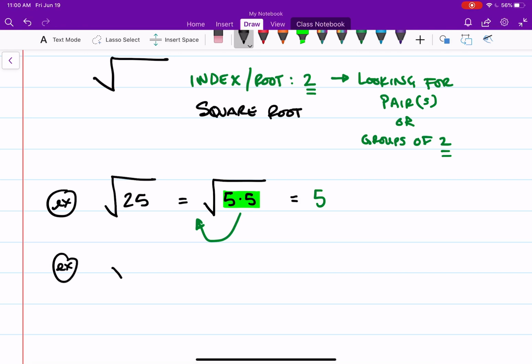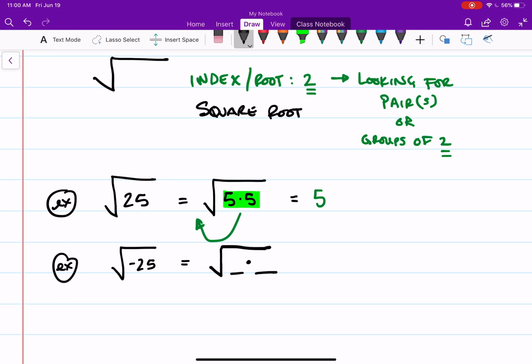Let's say it's the square root of negative 25. This can't be found because I can't find a pair of numbers, two numbers multiplied together, to give me negative 25.